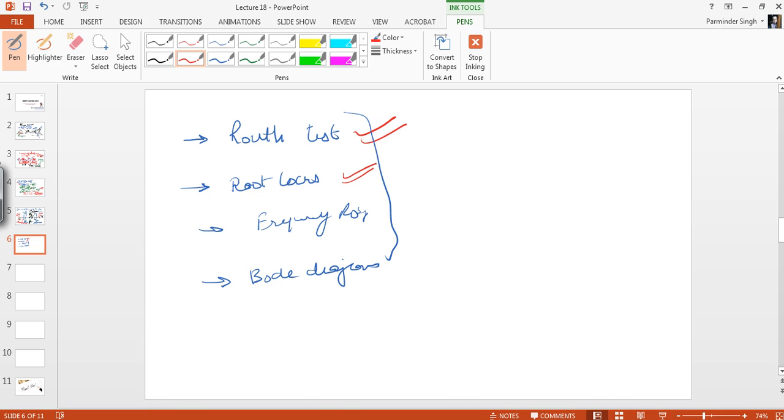Further, there are certain limitations of root locus which are solved by the frequency response, and still after having frequency response, there are certain results which are not verified. They are called Bode diagrams. So let's start with your first test, that is Routh test.